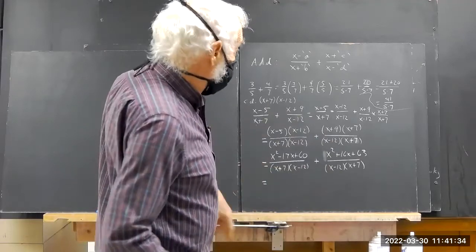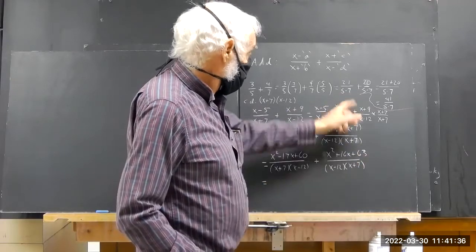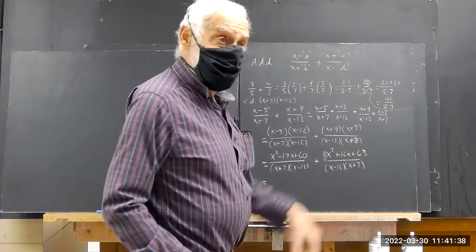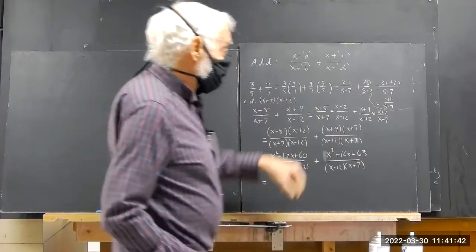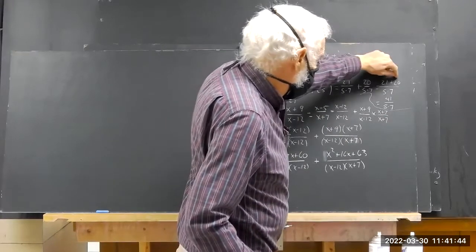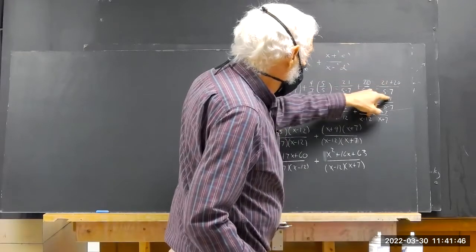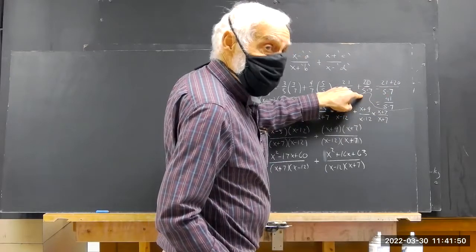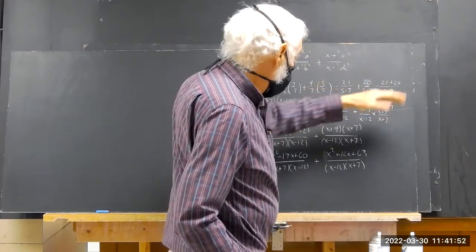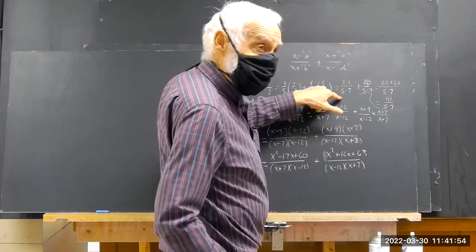Okay, what's the next thing we do? Well, we know we can add the numerators because of the distributive law. Distributive law tells us that this plus this over this is this over this, which is here, plus this over this, which is here. And it's the distributive law. This is really multiplication by the reciprocal of 5 times 7, right?